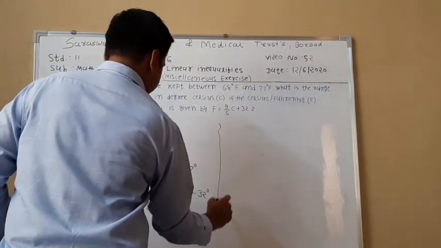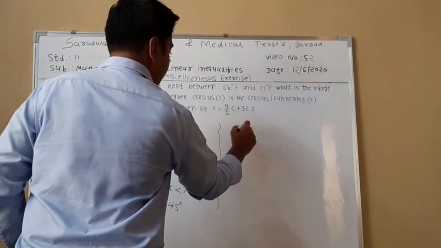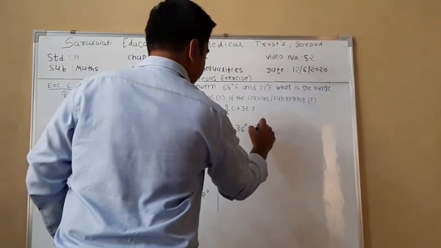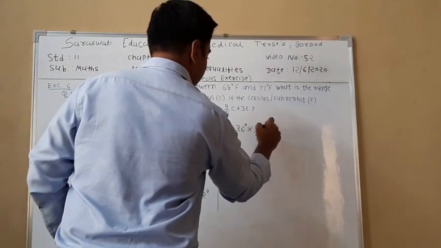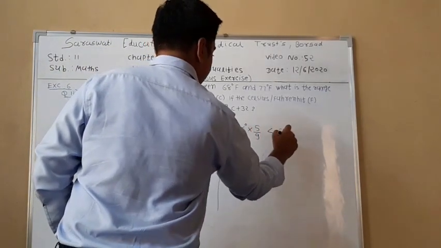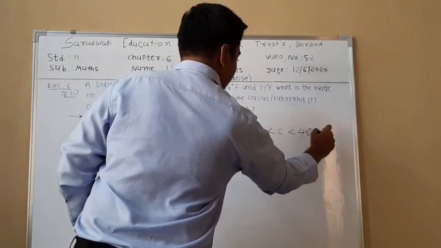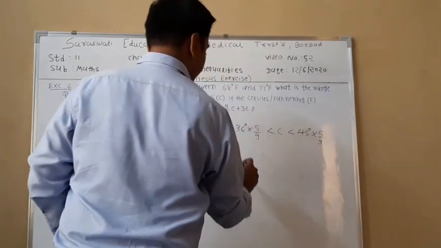So therefore 36 degree multiply 5 upon 9 less than C less than 45 degree into 5 by 9.